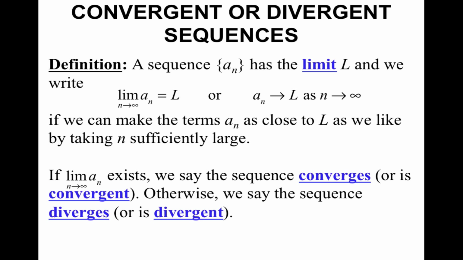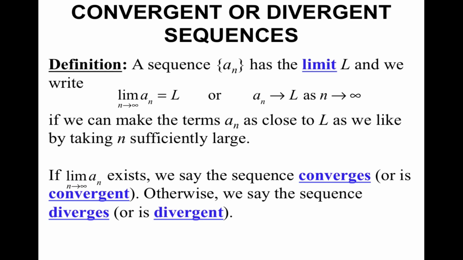If the limit as n approaches infinity of a sub n exists, we say that the sequence converges or is convergent. Otherwise, we say that the sequence diverges or is divergent.